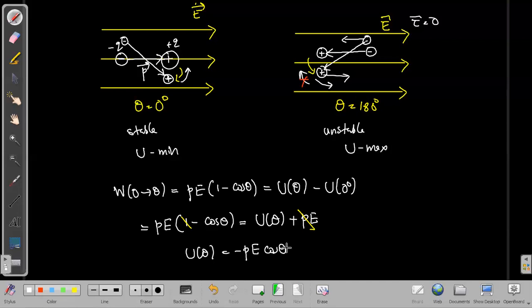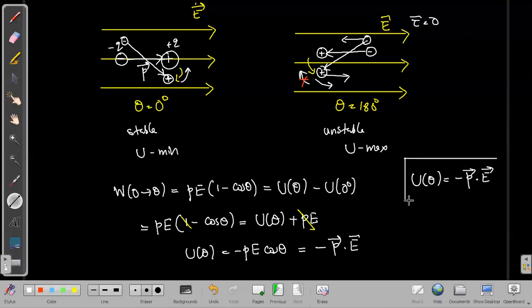Remember theta is the angle between the dipole moment and the electric field. So I can write this as minus P dot E. So the final thing is the potential energy at angle theta is equal to minus P dot E. And sometimes it is also known as the internal energy of the molecule.